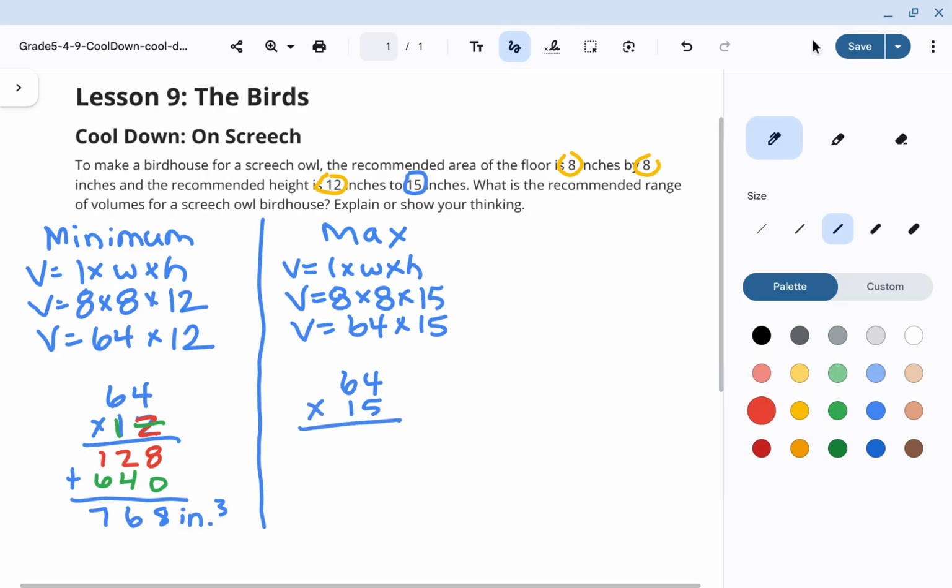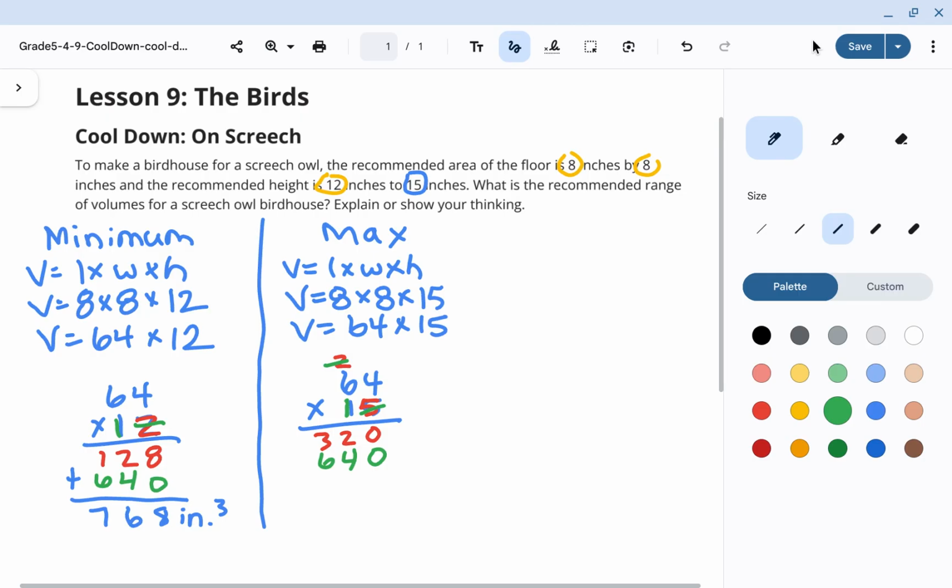Let's go ahead and start with our 5. 5 times 4 is 20. Here's my 0, carry my 2. 5 times 6 is 30, plus 2 is 32. And now I'm going to come over and I'm going to start with my 1. I have to put down my 0, and now I am ready to do my 1 times 4, which is 4, and 1 times 6, which is 6.